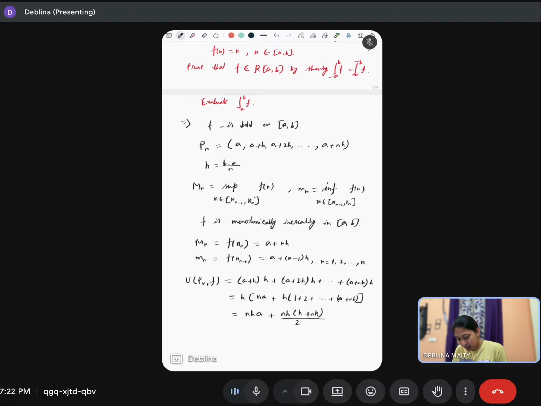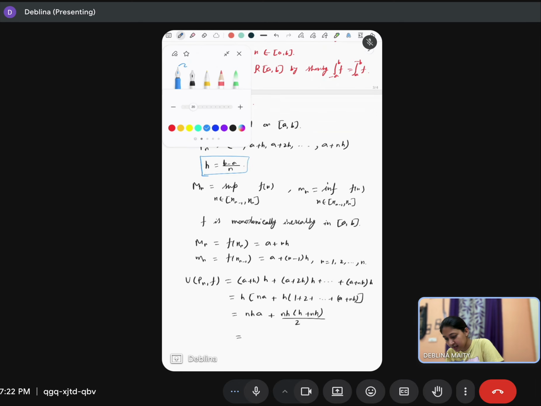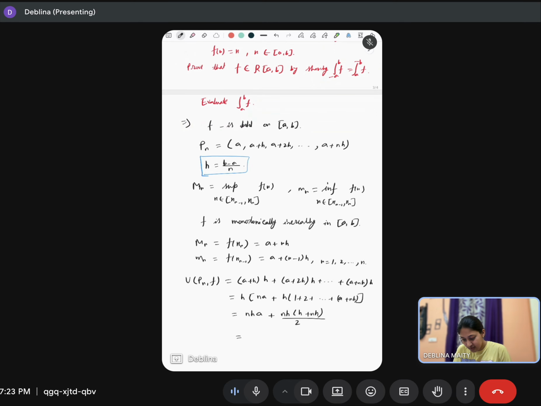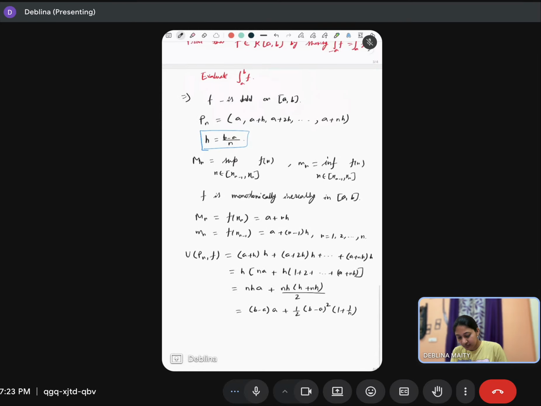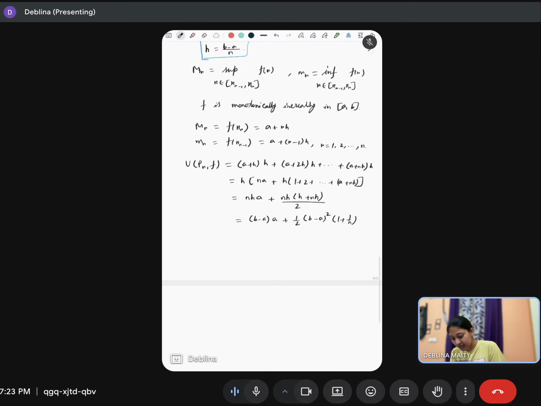So this is simple calculation. If we use this relation, nh equals b - a, we'll have this is (b - a) into (a + half (b - a) into (1 + 1/n)).